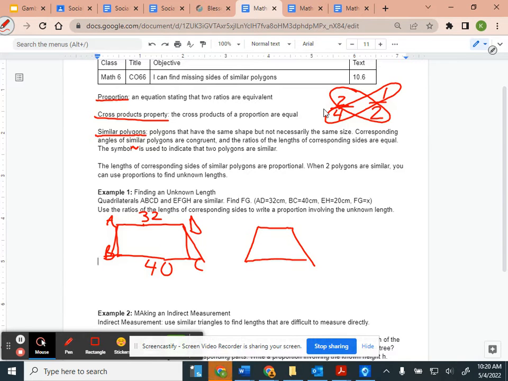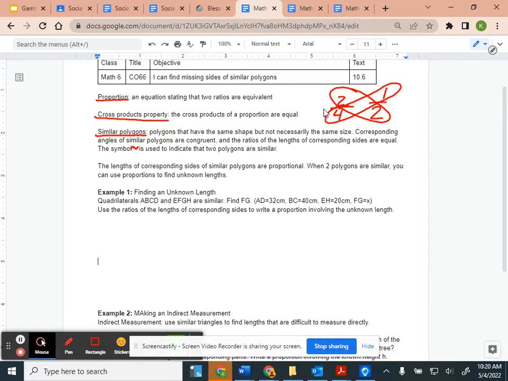This one's going to be smaller. So let's say E, F, G, H. Let me double check that I labeled them correctly. Let me write it the way that the book had it.